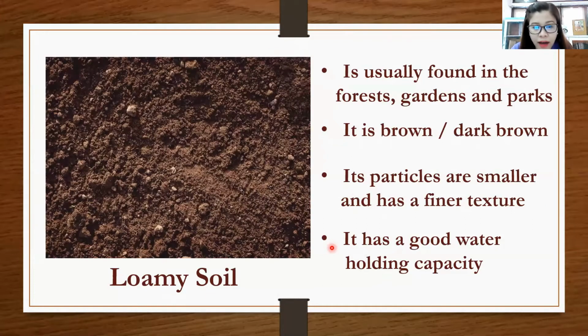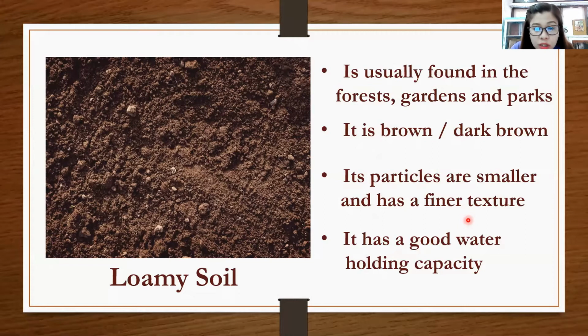Okay, next we have the loamy soil. So loamy soil is usually found in the forest, gardens, and parks. So loamy soil is brown or dark brown. So its particles are smaller compared to the sandy soil. So loamy soil has a finer texture.